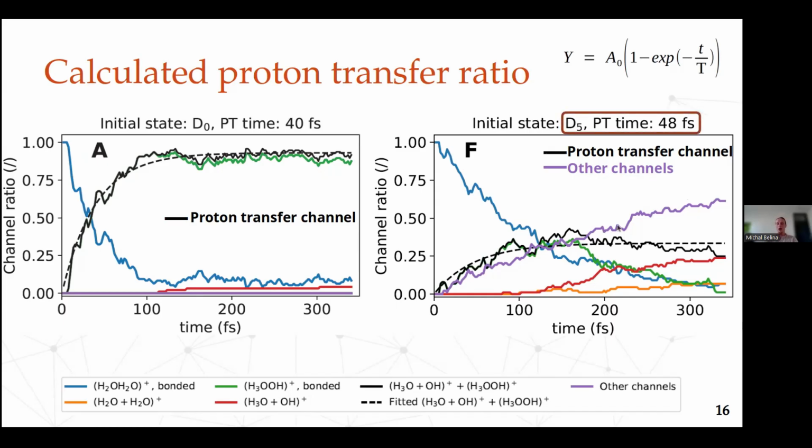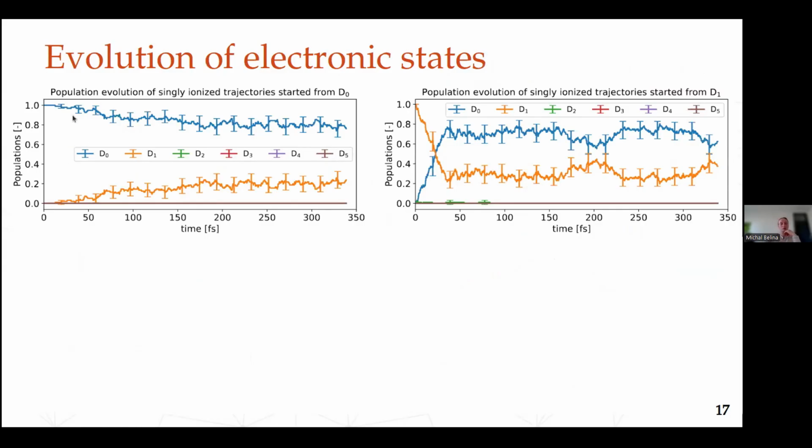So with this, I'd like to show you what the evolution of electronic populations looks like, because when we started in the 0 state, some part of the molecules transferred to this D1 state, and the reason is that D1 and D0 are degenerate, so it is quite expectable, this is the result of the simulations.